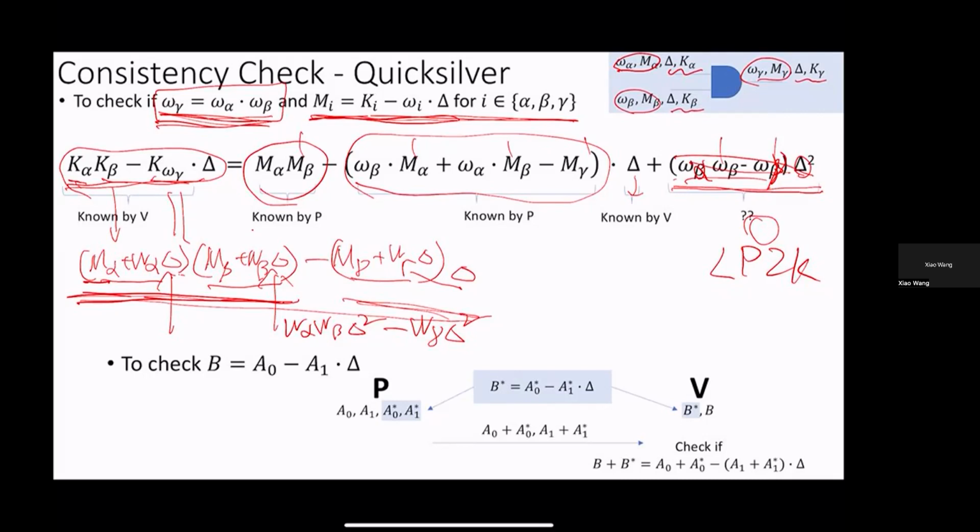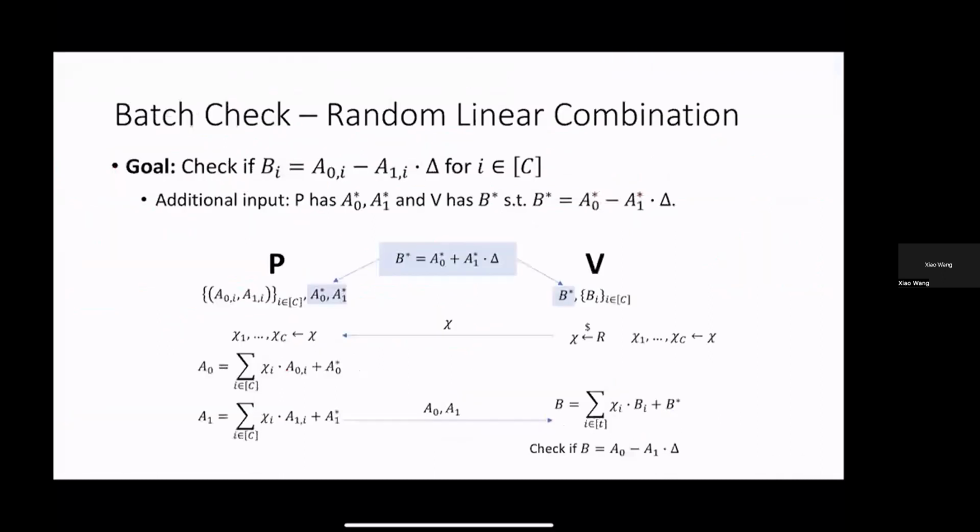That's how we reduce the problem of checking the degree of the polynomial to a much simpler task. We just need to construct a degree 1 polynomial, which can be done efficiently. So by this we can check the degrees.